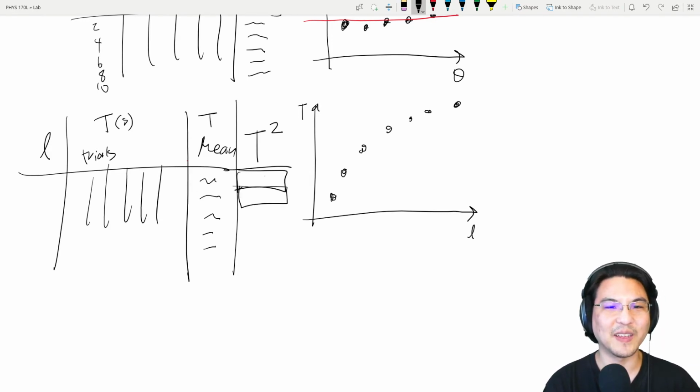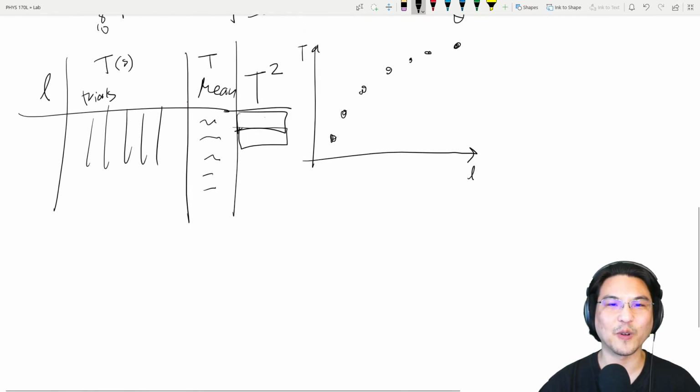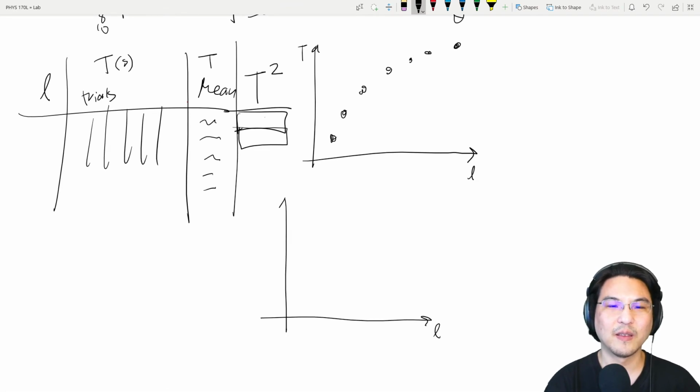So what goes here is just the square of this. So you're squaring it, and then you do a fourth graph, right? 1, 2, 3, a fourth graph, which is period squared versus length. This is period versus length. And that should look more like this.